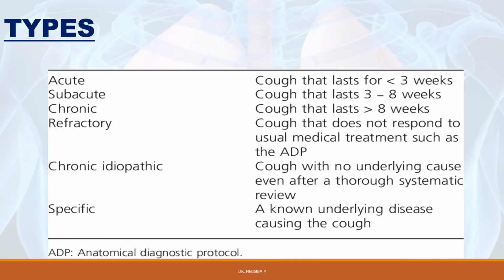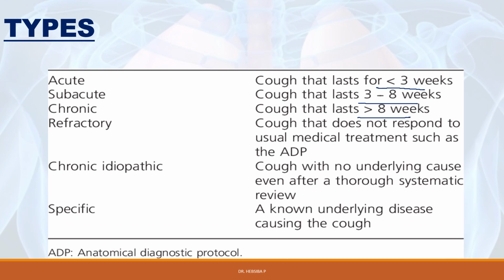Then types of cough. Based on the characteristics, many types are classified. Acute cough is cough that lasts less than 3 weeks. Then subacute cough is cough that lasts 3 to 8 weeks, and chronic cough is cough that lasts more than 8 weeks.